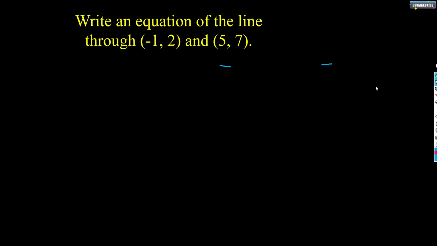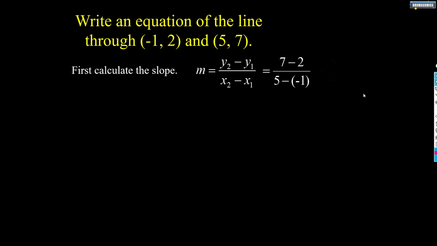So write the equation of the line through 2 points. Now they are just trying to see if you can think about calculating the slope, or the gradient, using the given formula, m equals y2 minus y1 all over x2 minus x1. So with that, we are going to get the following value for m, 5 all over 6.